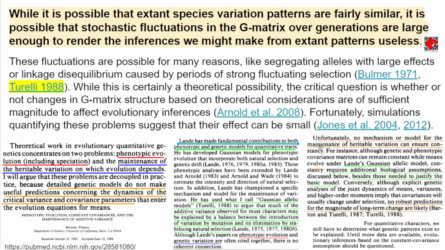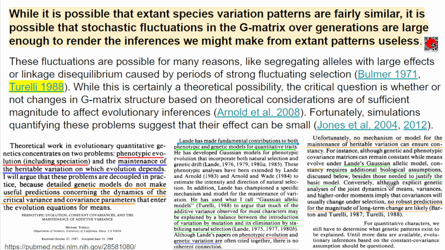Another section of the paper. Unfortunately, no mechanism or model for the maintenance of heritable variation can ensure constancy. For example, although genetic and phenotypic covariance matrices can remain constant while means can evolve under Lande's Gaussian allelic models, constancy requires additional biological assumptions, discussed below, besides those needed to justify the basic model.